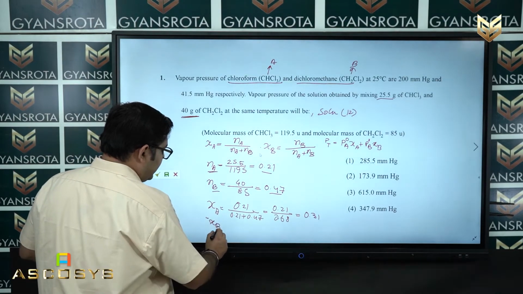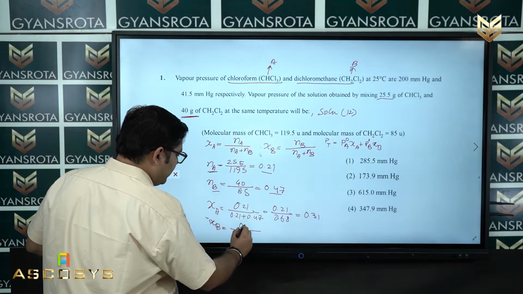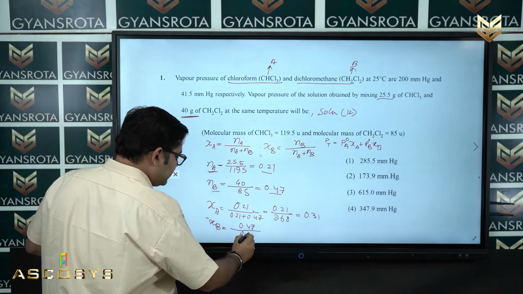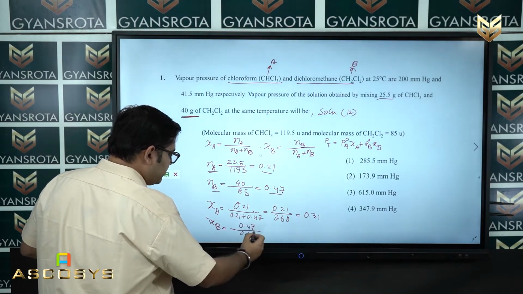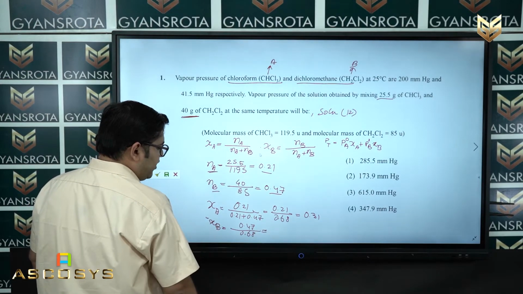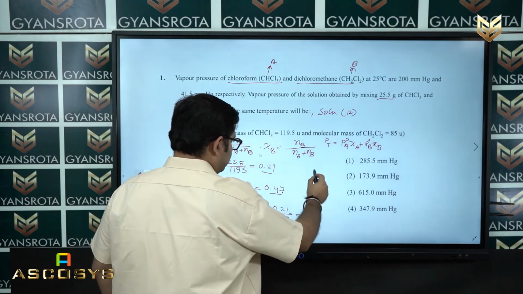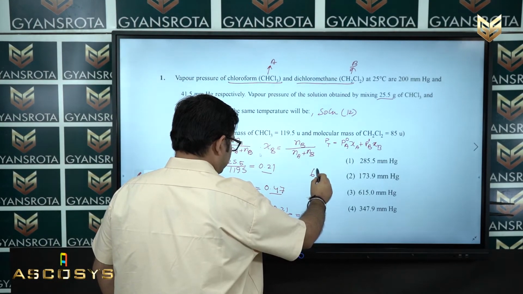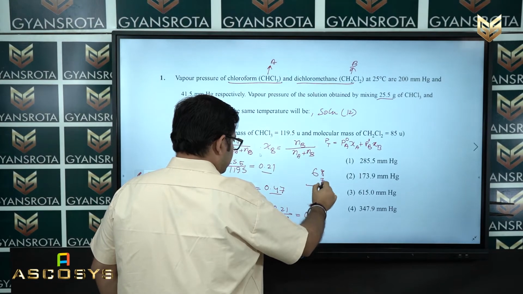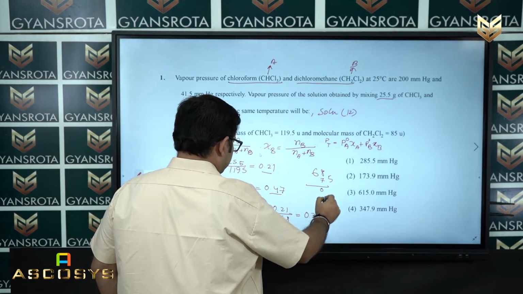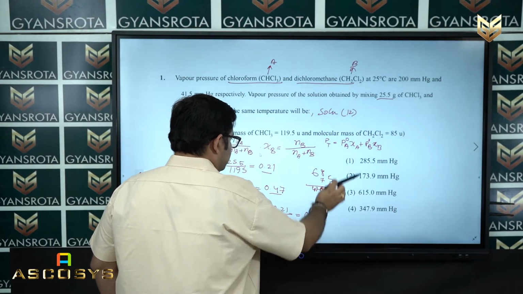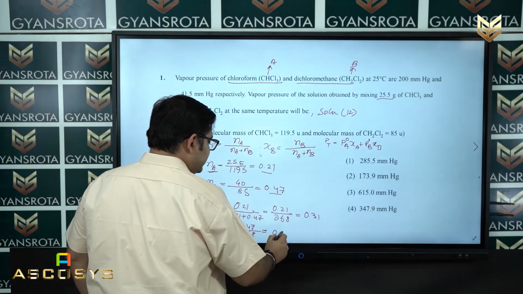Now, the mole fraction of B, again similarly, is 0.47, that is moles of B divided by total moles. How much is the total? 0.68. How does it come? That is moles of A plus moles of B, the total is 0.68. Now, if you solve this part, it ends up with around 0.67.